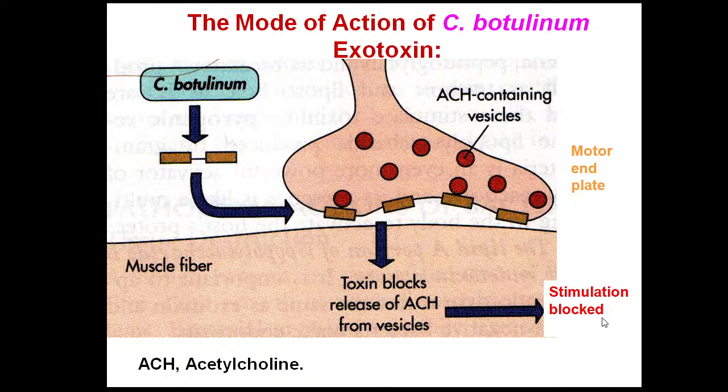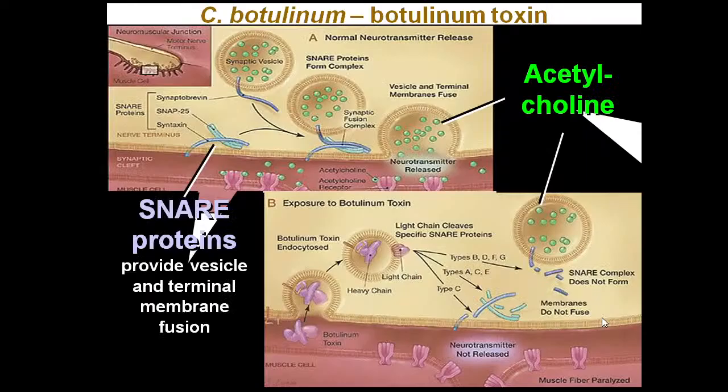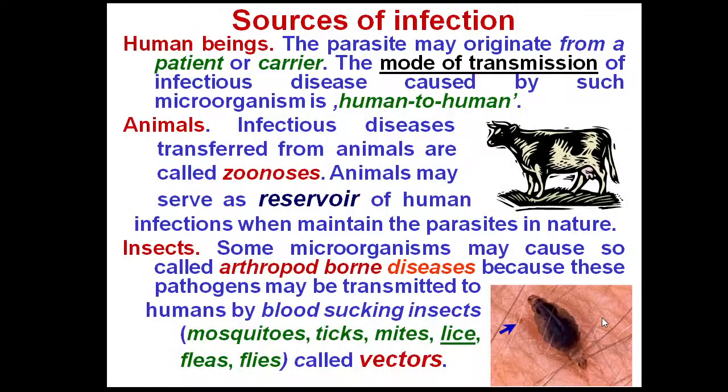So we have flaccid paralysis of the muscles. And as a result, when the diaphragmatic muscles also are paralyzed, there will be no activity in the respiratory muscles. So the patient may die of asphyxia. There is also a description in a more modern way of botulinum toxin.